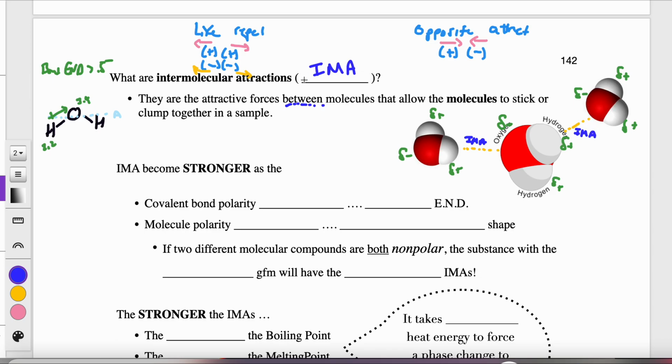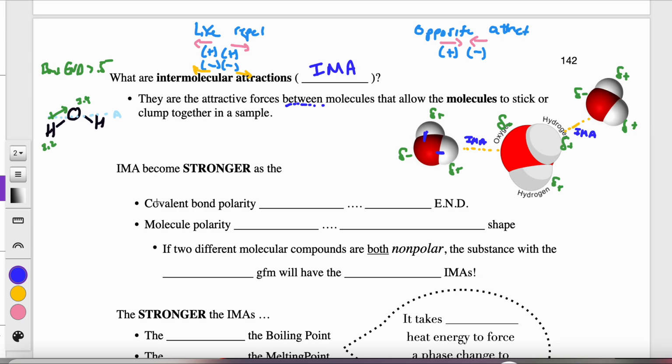Intermolecular attractions are much weaker than the individual bond. What's here is the covalent bond within the molecule versus the attractions between different molecules.